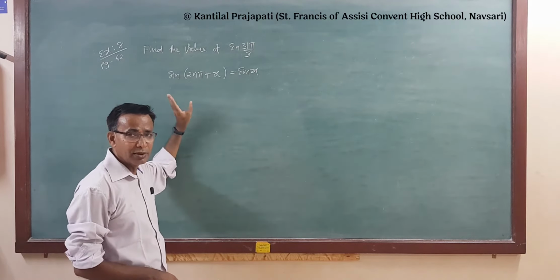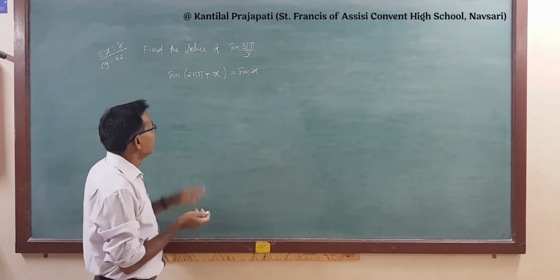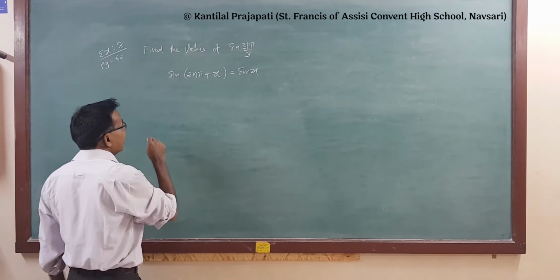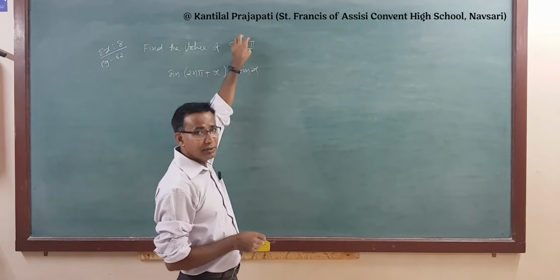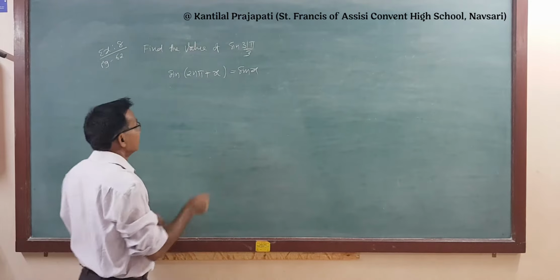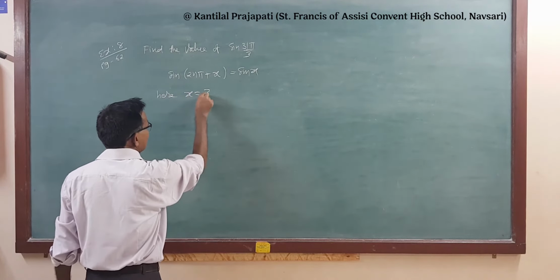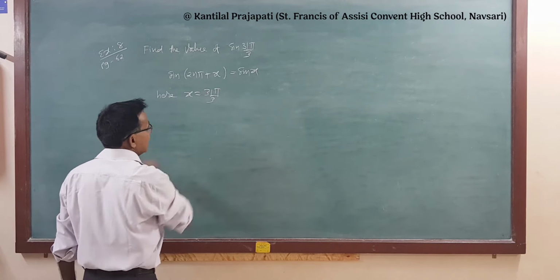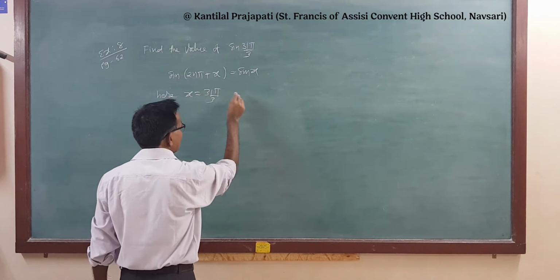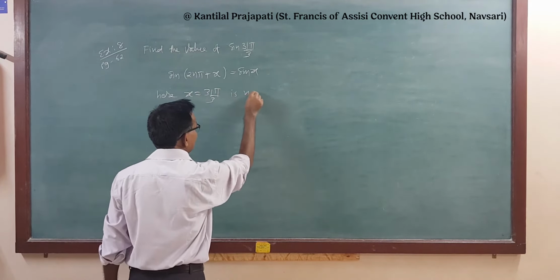We have already derived this formula previously. So see here, the given x is 31 pi by 3, which is not in the first quadrant.